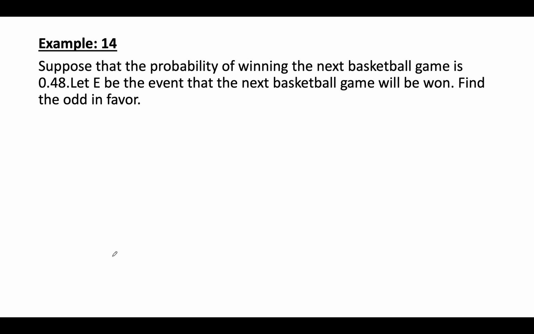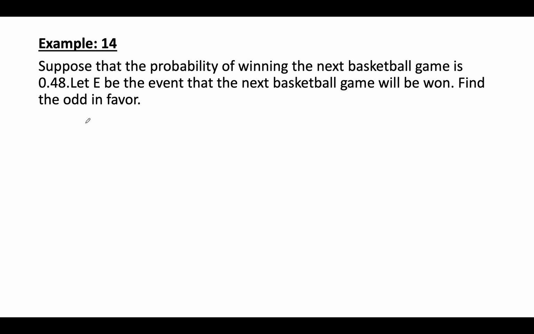Alright, let's suppose that the probability of winning the next basketball game is 0.48. Let E be the event that the next basketball game will be won. We need to find the odds in favor.